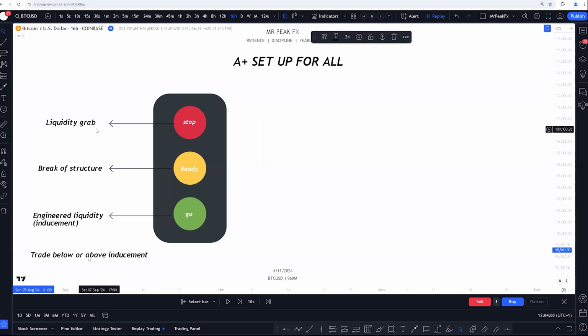Okay, so I said liquidity grab, break of structure, liquidity engineered or engineered liquidity, which is inducement. So let's come back again. Liquidity grab is your stop. Break of structure is your ready. Engineered liquidity is your go. So you want to trade below or above the engineered liquidity.